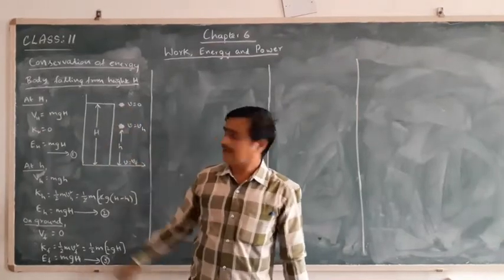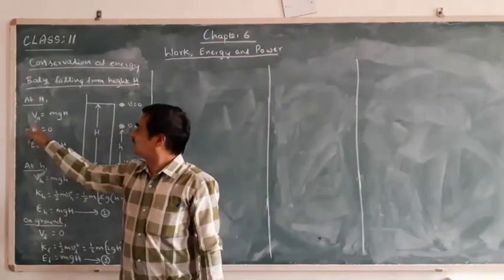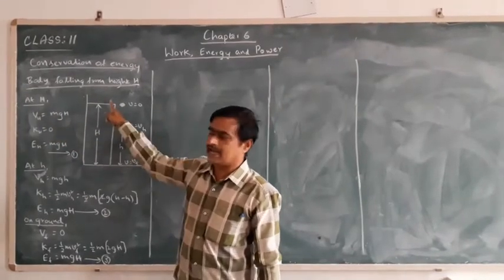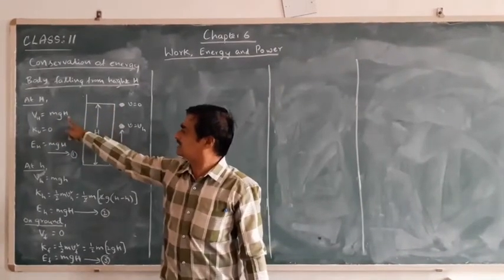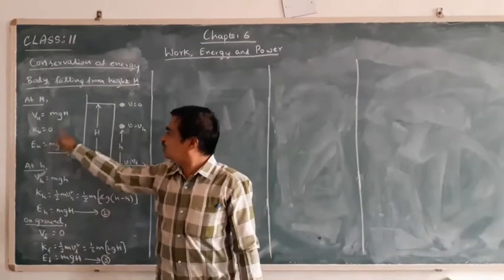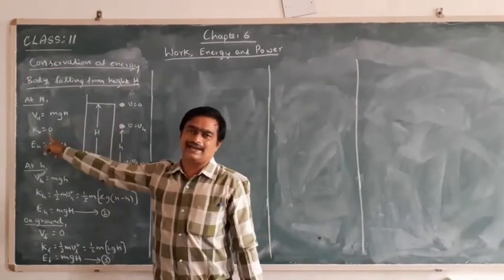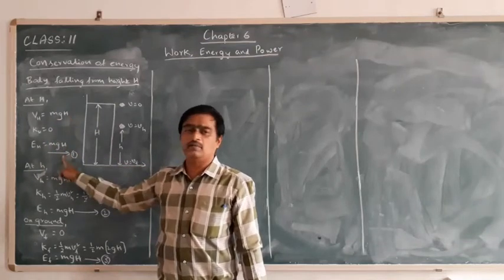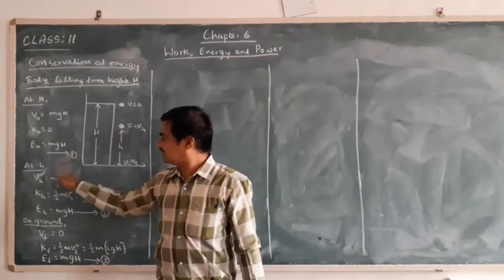First, at height H, the potential energy is mgH. As there is no velocity, the kinetic energy is 0. Then the total energy is the potential energy. Call it equation 1.